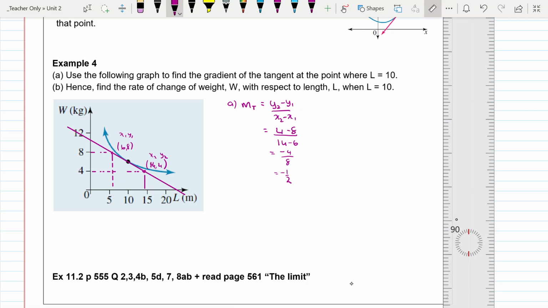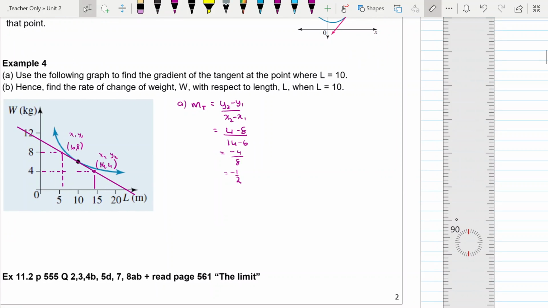Okay, so it says, hence find the rate of change of weight W with respect to L when L equals 10 meters. So now, when L equals 10, that is where my tangent touches my graph. So my rate of change of weight with respect to length at that point will be the same as my gradient of my tangent. And again, we are interpreting the negative.